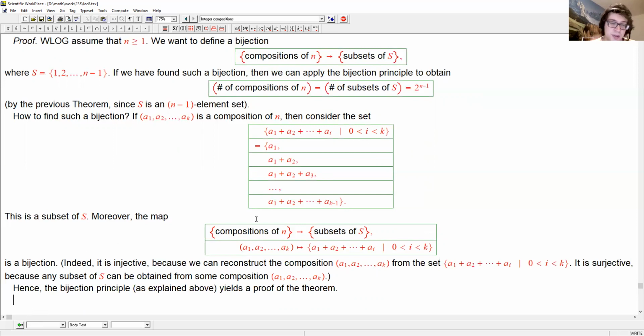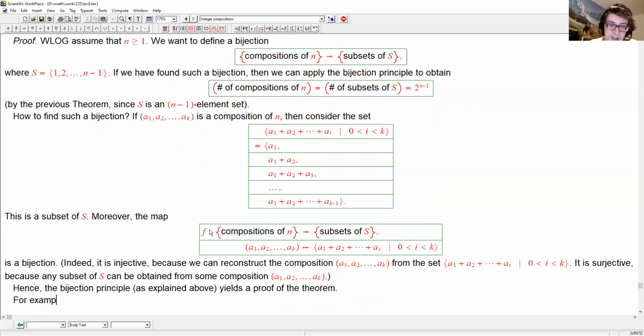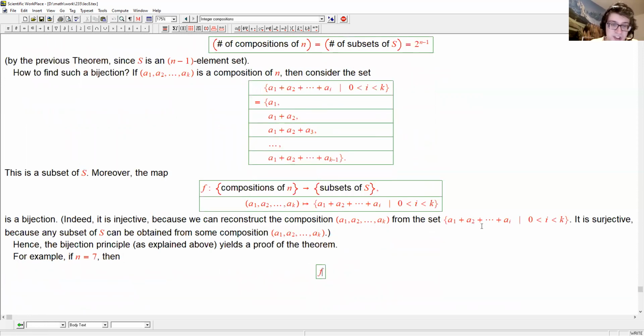So let me call this map F. Here's just an example of what this F does. If n is 7, then F sends the composition 3, 1, 2, 1 to the set 3, 3 plus 1, 3 plus 1 plus 2, so 3, 4, 6.